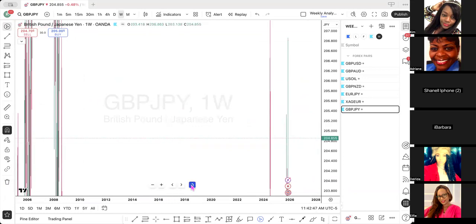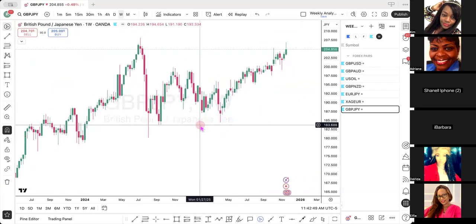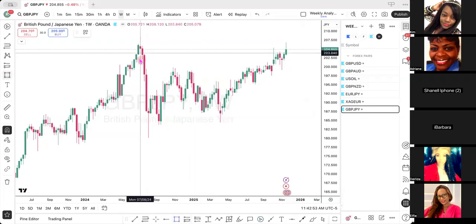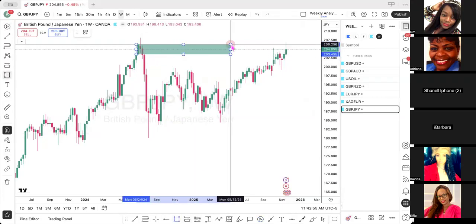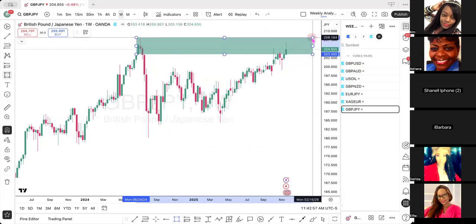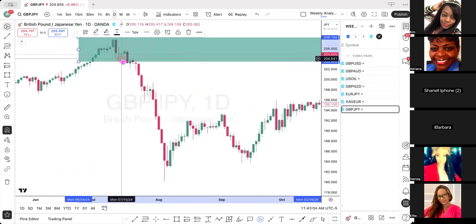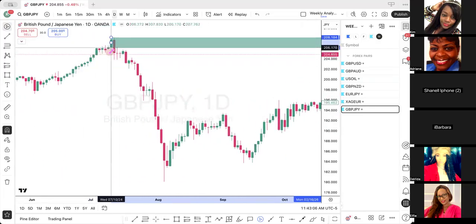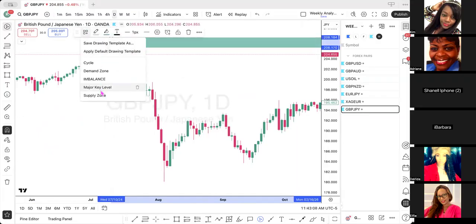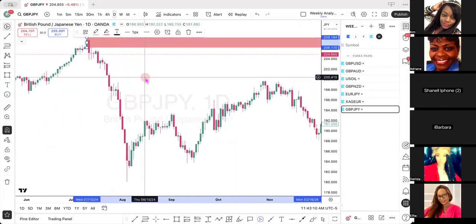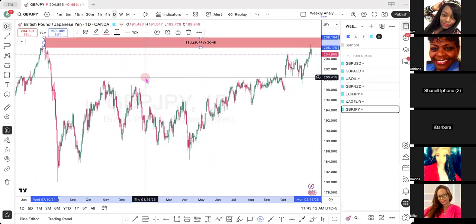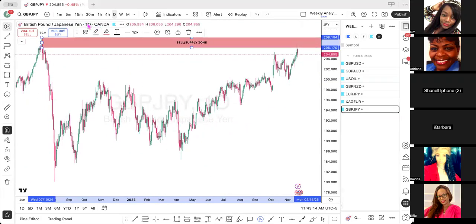Let's go to the weekly. Price has tapped into. Let's go to the daily. There was a daily supply zone that price tapped into.